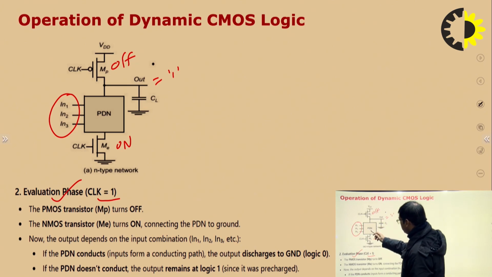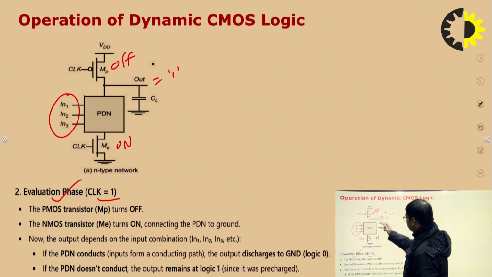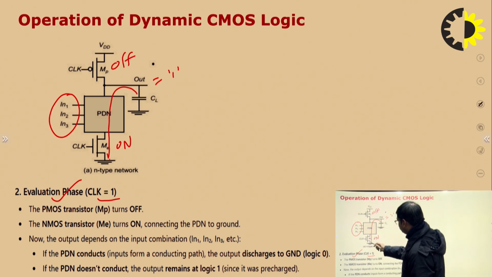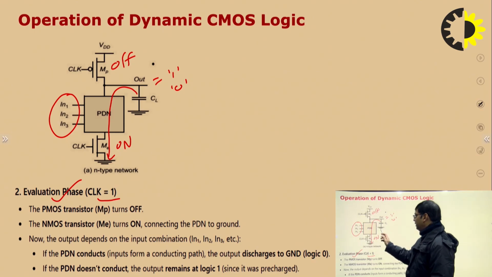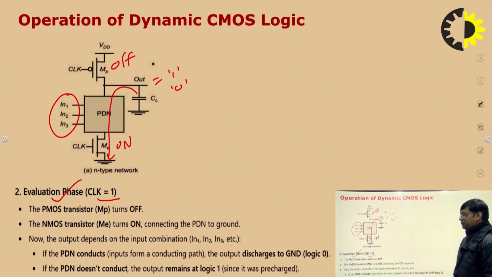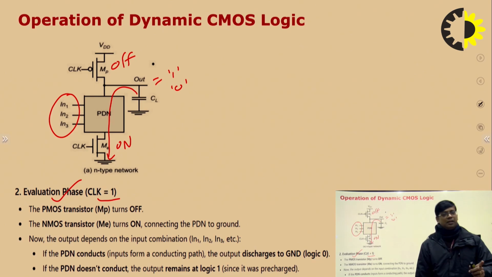And if the pull down network conducts, then there is a path from output to ground, and in this case the output goes to logic 0. So it all depends on the data inputs, whether the output will remain at logic 1 or it will go down to logic 0 during the evaluation phase. So this is the operation of a dynamic CMOS logic.